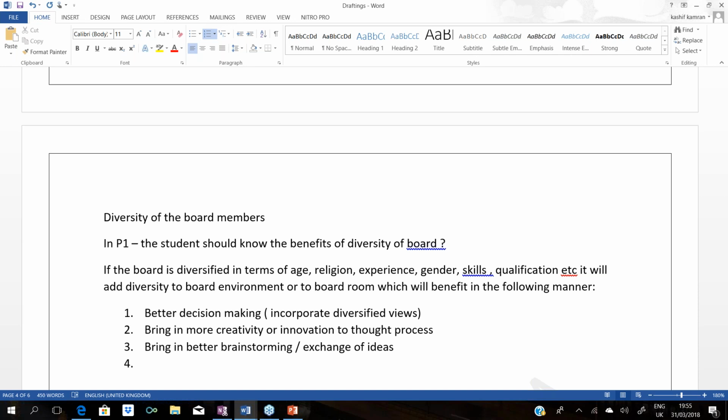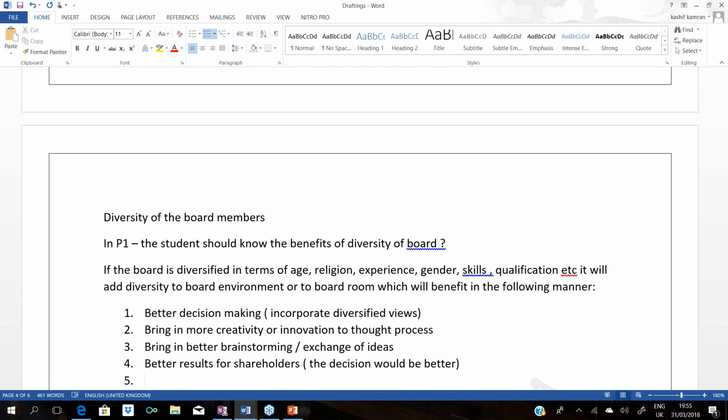More importantly, diversity can bring in better results for shareholders because the decisions would be better. The better decisions would lead to better results for shareholders.